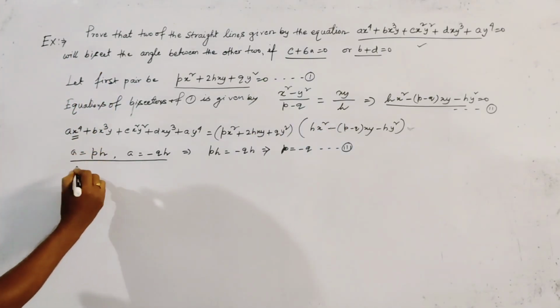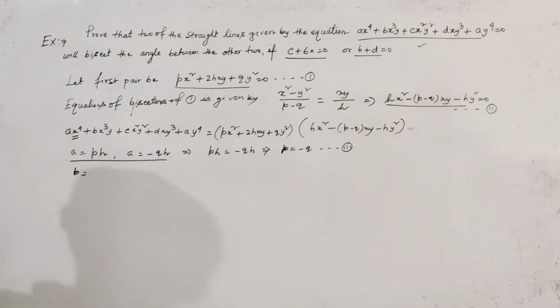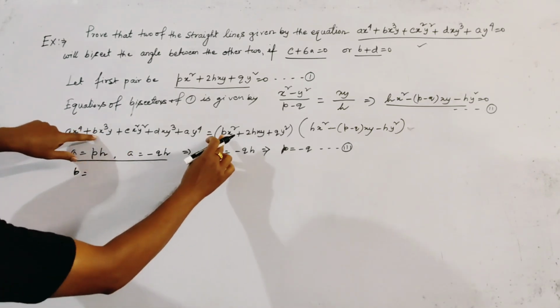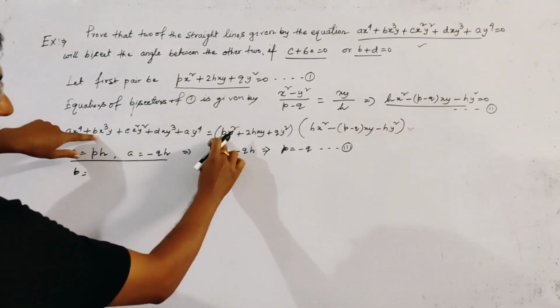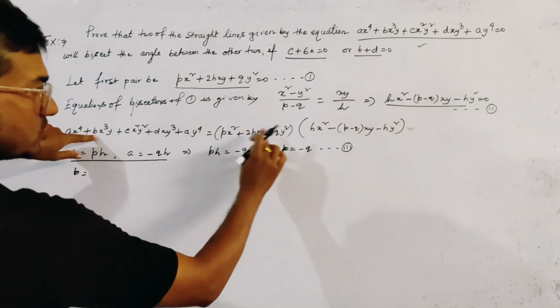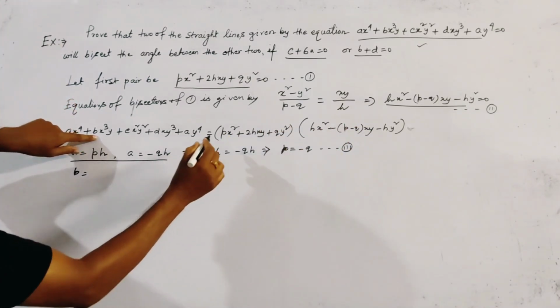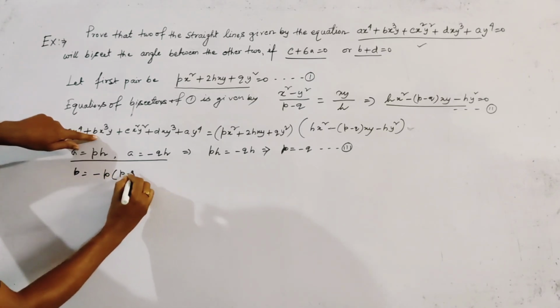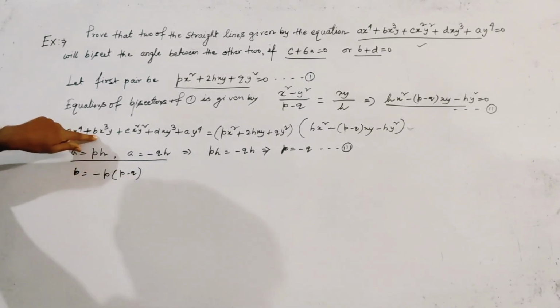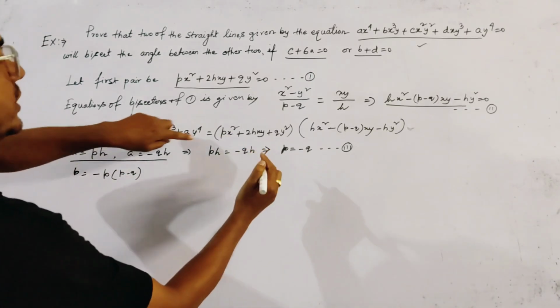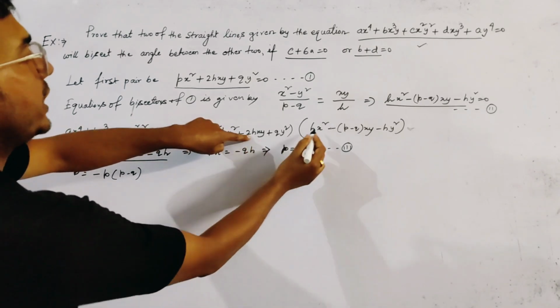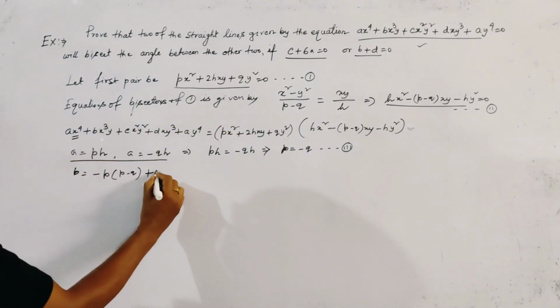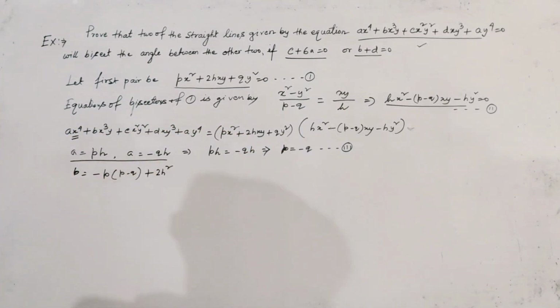b is the coefficient of x^3y, and from the right side this is given by p into -(p - q), because x^2 into xy gives x^3y. So we get -p(p - q), and we also get x^3y from 2h^2.